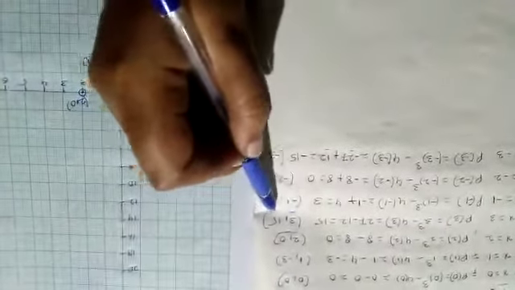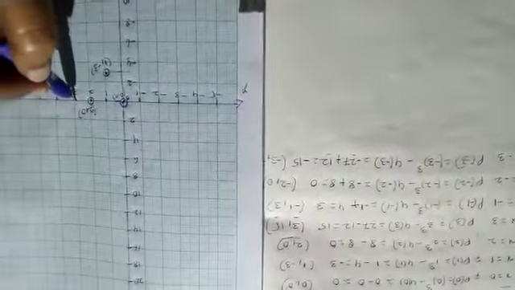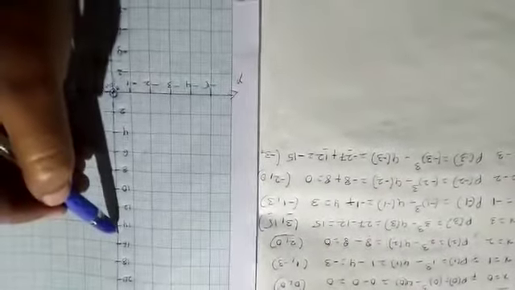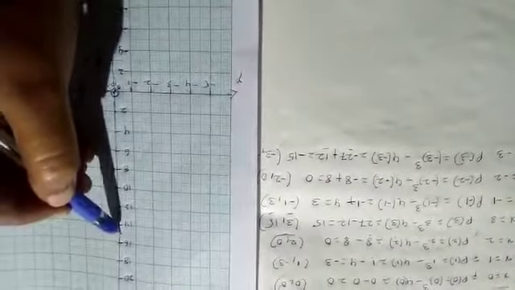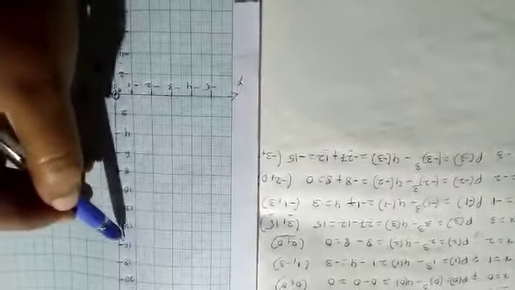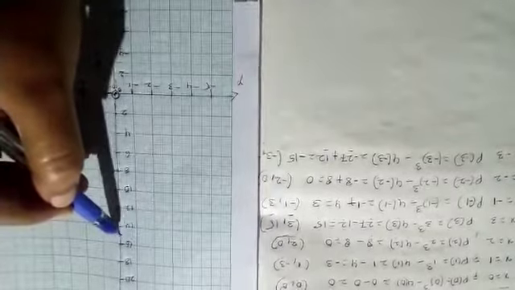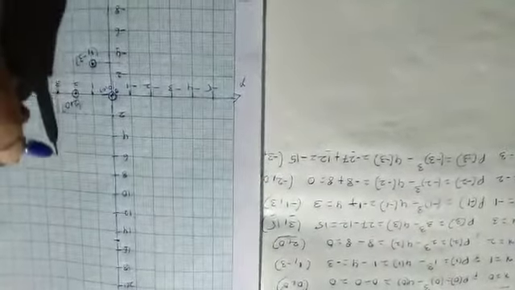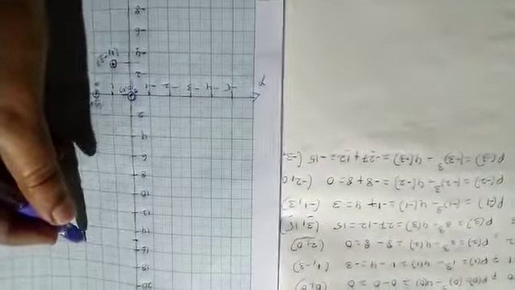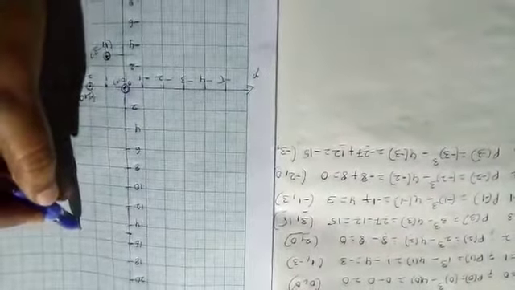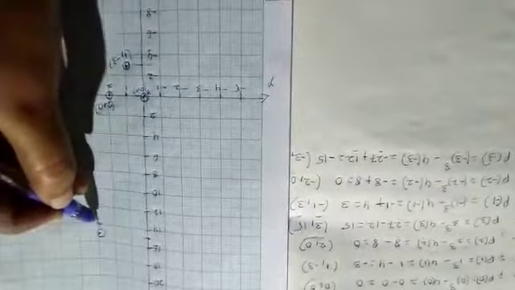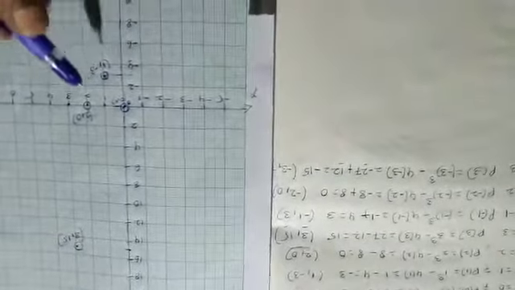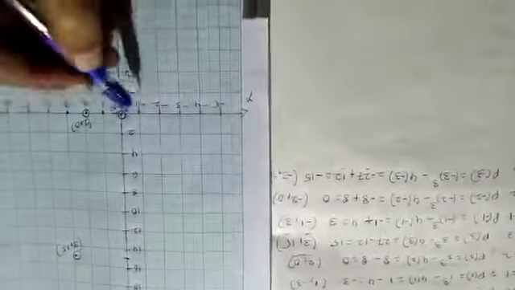Next point is 3 comma 15. X-axis 3, y-axis 15. So in between 14 and 16, this point is 15. So 3 comma 15 is this point. Next point, minus 1 comma 3.